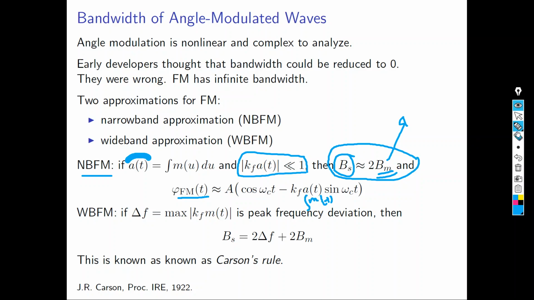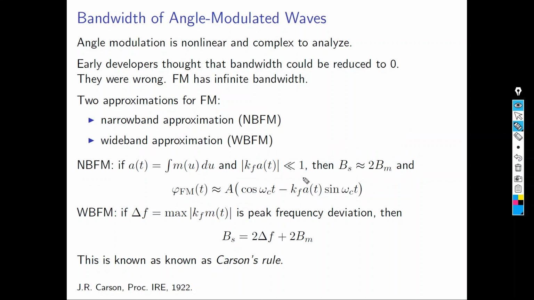The difference between the previous equation we explained in the previous lecture related to angle modulation and this equation is the fact that we are adding this sine omega c t. This is for approximation, and this we already know, a of t is the integration of m of u, and this is frequency modulation, not phase modulation. Now this is for narrowband.